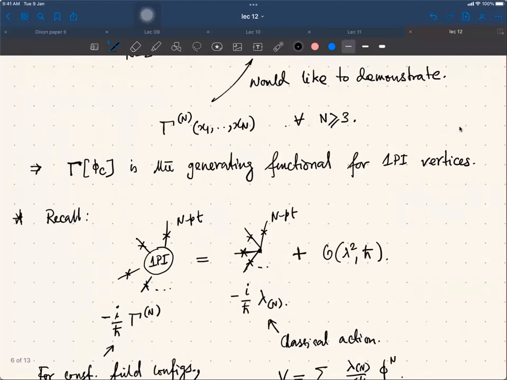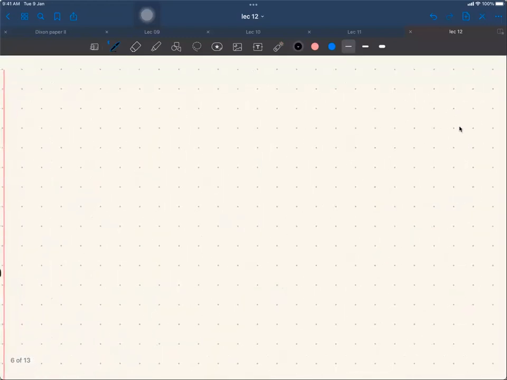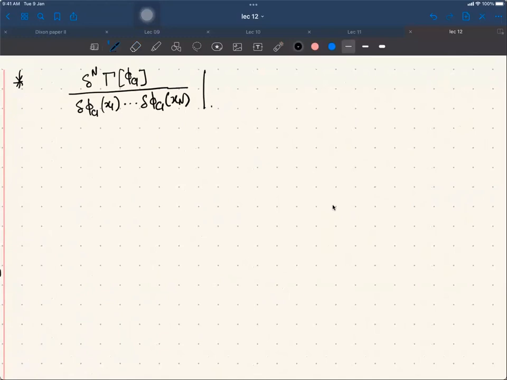Now our goal will be to demonstrate this, and we will demonstrate. So let us write down this equation. Delta n gamma, phi CL at 0 is nothing but gamma x1 to xn.